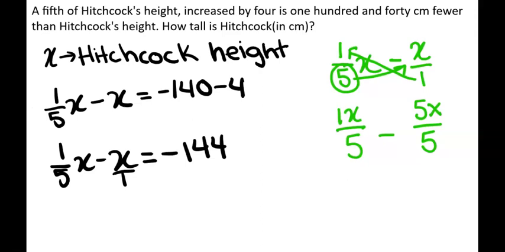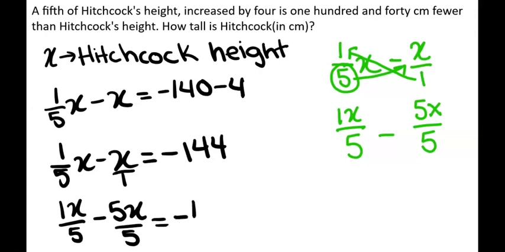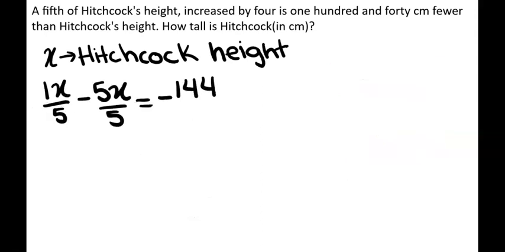Now we can write that down over here. 1x over 5 minus 5x over 5 is equal to negative 144. Okay.